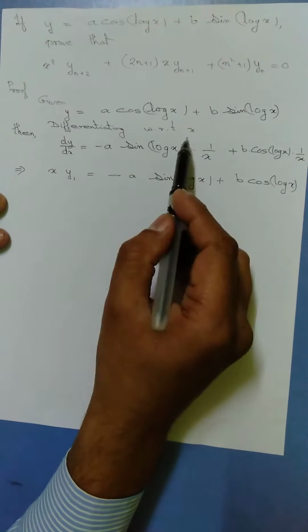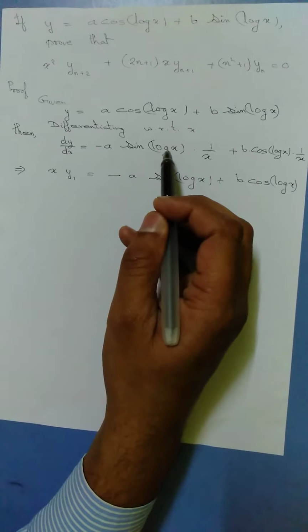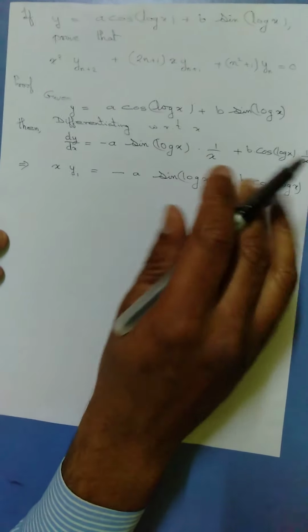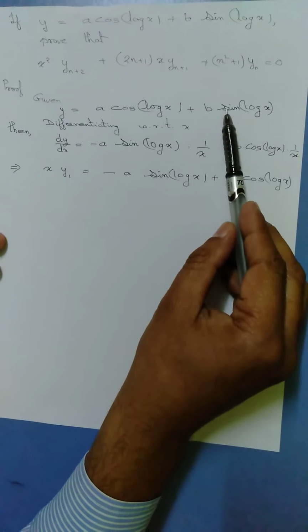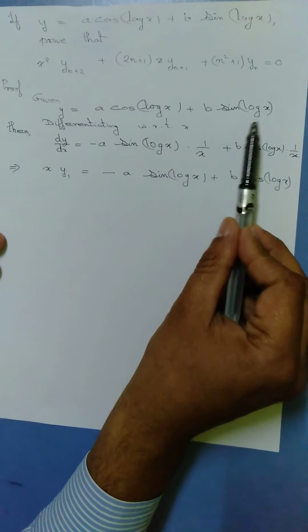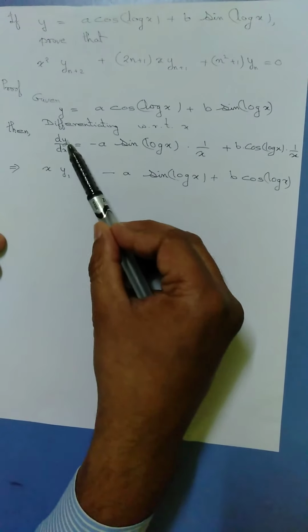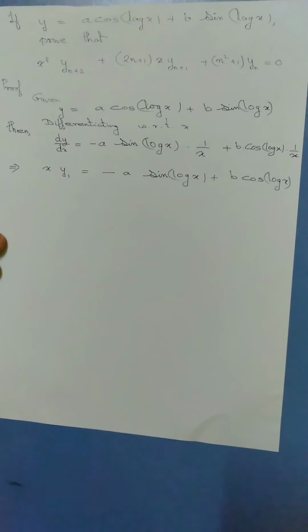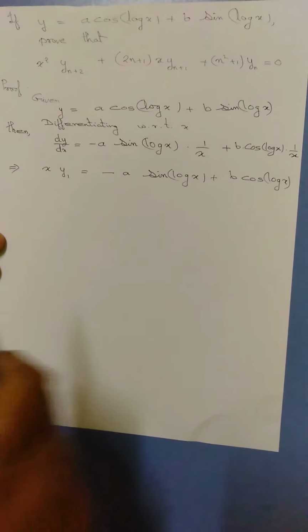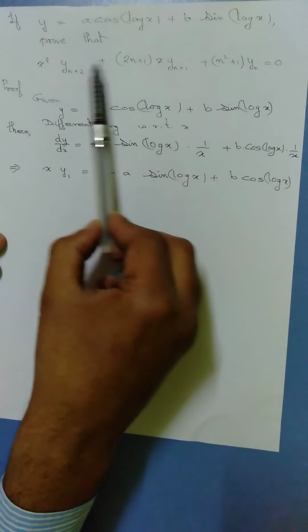What we did, we differentiated with respect to x, and dy by dx equal to minus a sine log x, d by dx of log x is 1 by x. Derivative of sine is cos, and derivative of log is 1 by x, and we have multiplied by x throughout to get x into dy by dx equal to minus a sine log x plus b cos log x. But that's not enough for us. We want a simple expression. If you look at what we need to prove, there is no way anything like log can be there.